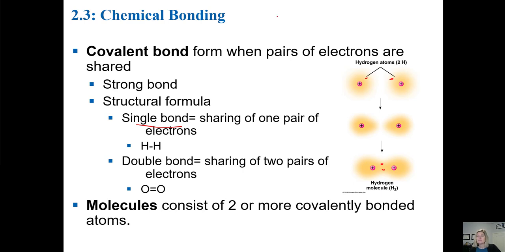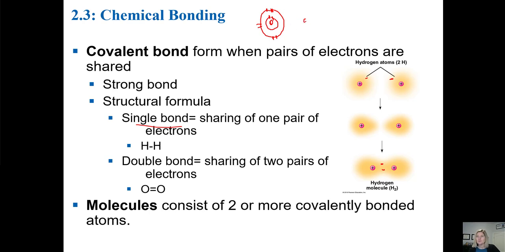Oxygen has 8 electrons total. So if we have an oxygen atom that has 8 electrons, so let's say this is an oxygen atom, the first 2 electrons are going to fill out the first shell. And then the second, we have 6 left, so we might have those, and then it still needs 2 more to fill out its shell.